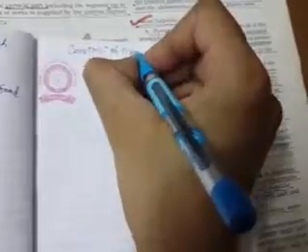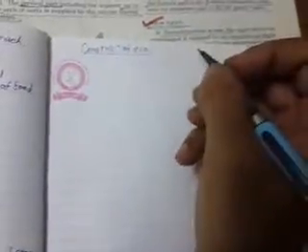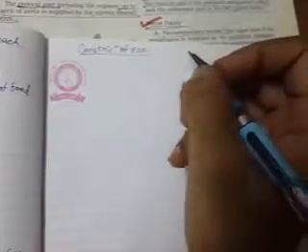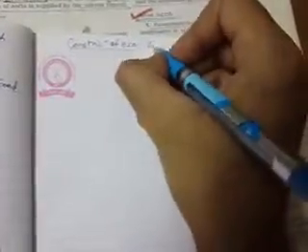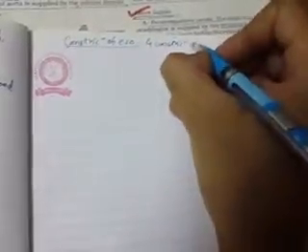Now we are going to look at the constrictions of the esophagus. Normally the esophagus shows 4 constrictions at the following levels.